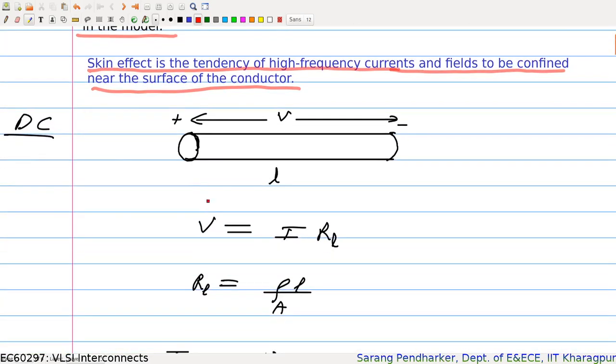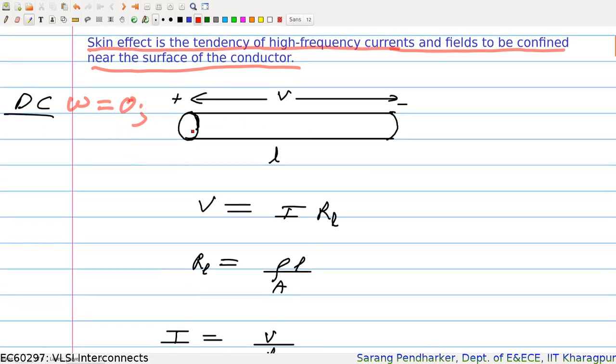So let us recap the case of DC. In DC, your frequency is equal to 0, so you have a 0 frequency signal. Suppose this is the interconnect, I have drawn it like this here.